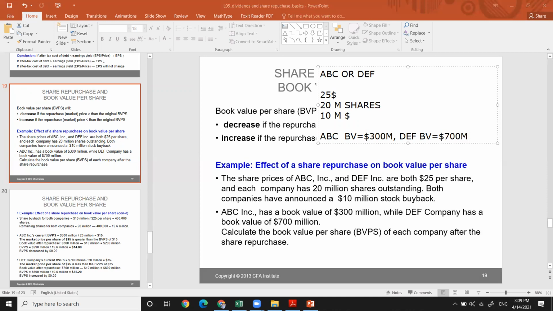Calculate book value per share for each company after the share repurchase.